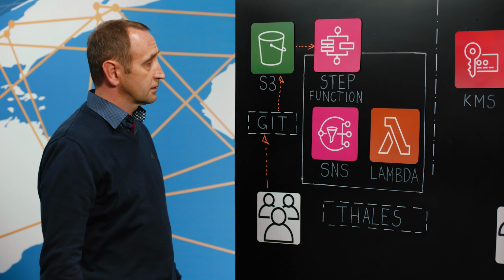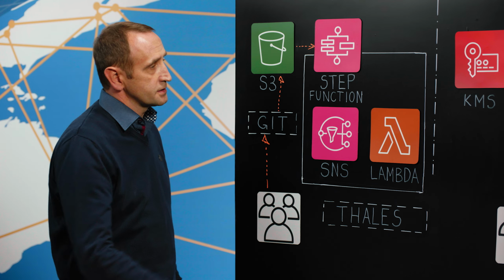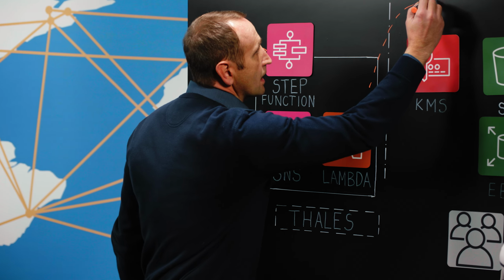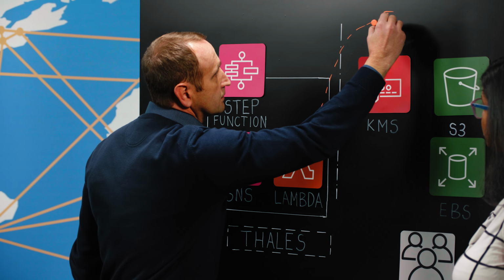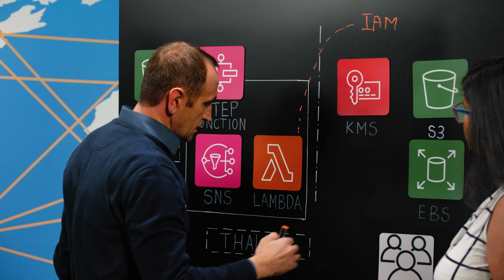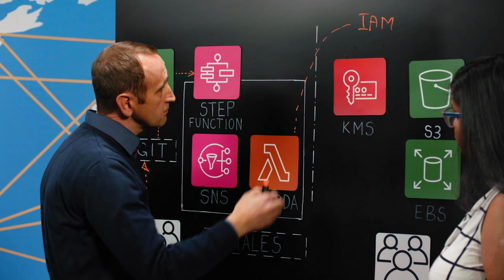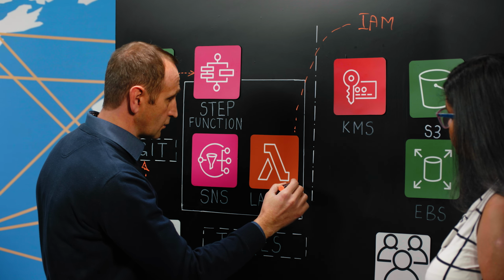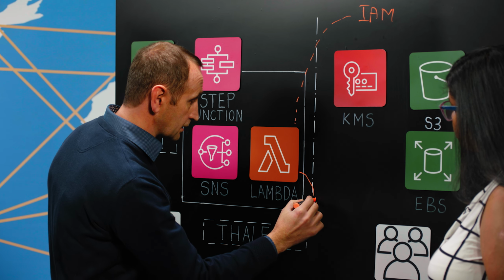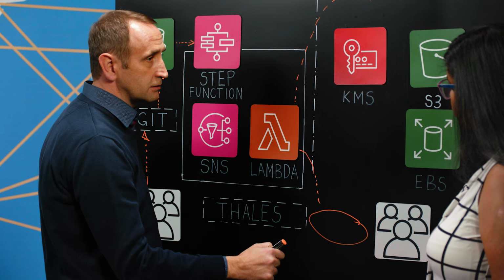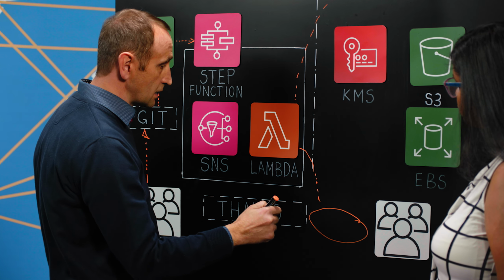This step function has a couple of parts. The first part goes and creates an IAM role in the particular account, and this IAM role allows Thales to assume the role and do operations with the key. The second part creates the virtual tenant itself, where later the DevOps teams will generate the key.